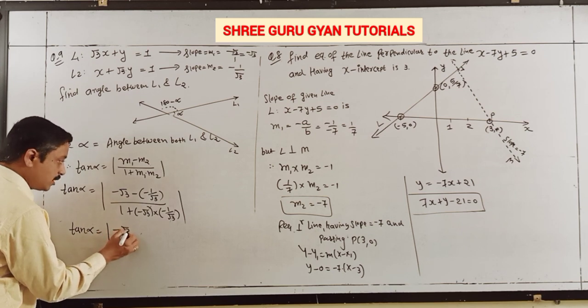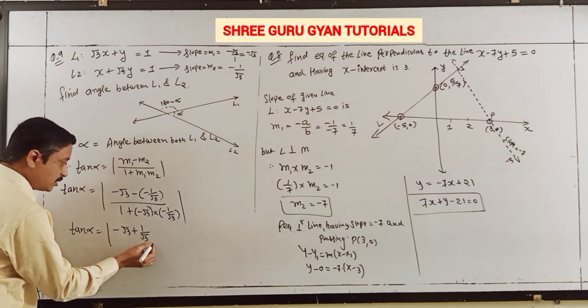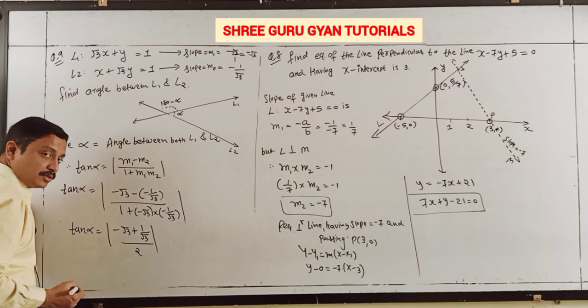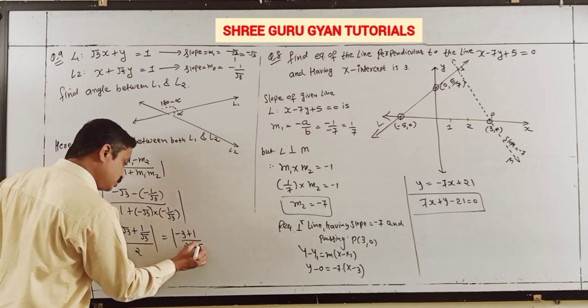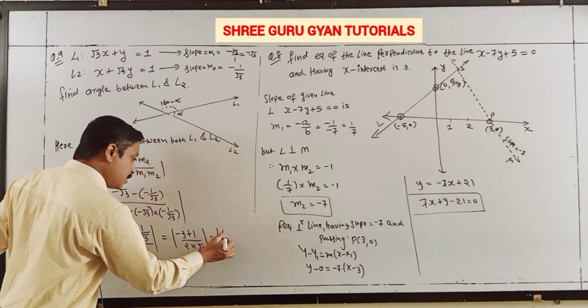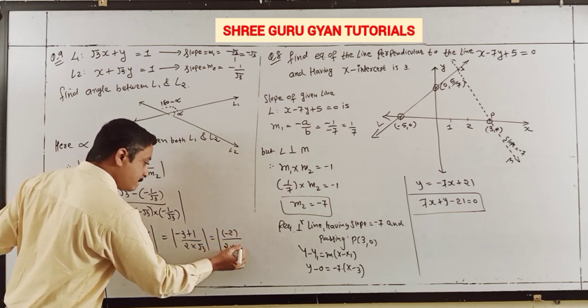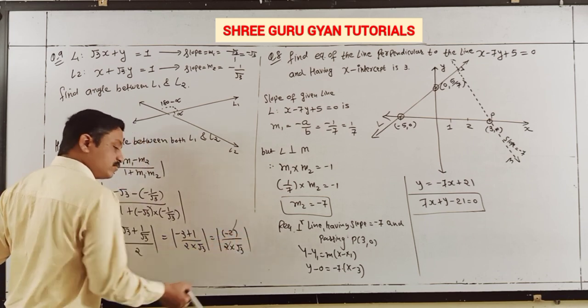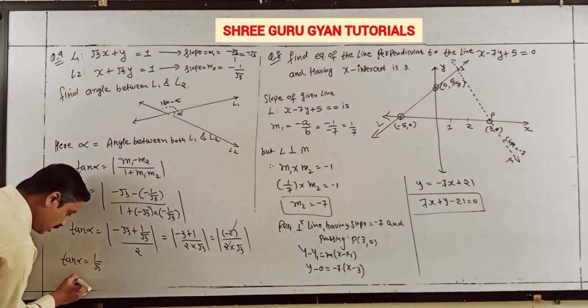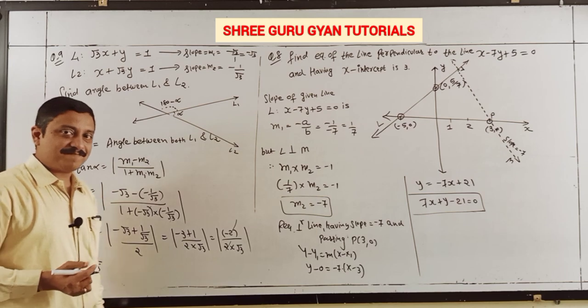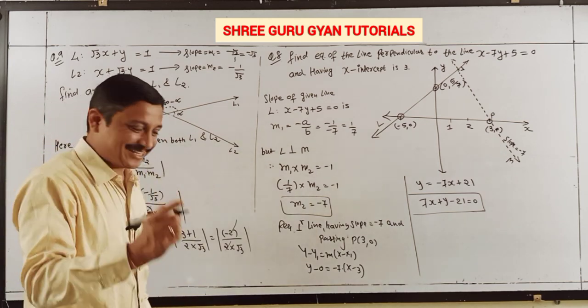So minus root 3 plus 1 by root 3 upon 1 plus 1. Further calculating, minus 3 plus 1 by 2 into root 3, it means minus 2 by 2 into root 3. So you have tan alpha is 1 by root 3, and when tan becomes 1 by root 3, it is 30 degrees.